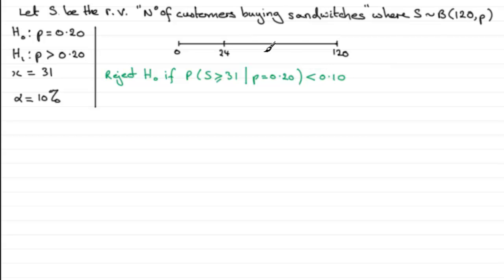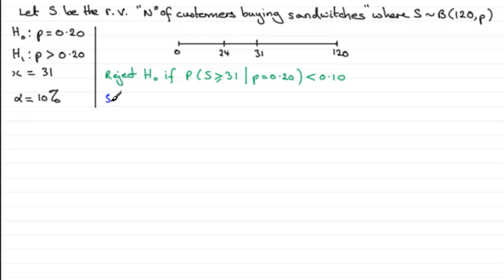Okay, we've got this value of 31 then on here. The question is, is it outside this acceptable region? Okay. Now we're asked to use a suitable approximation, and that approximation is a normal distribution.